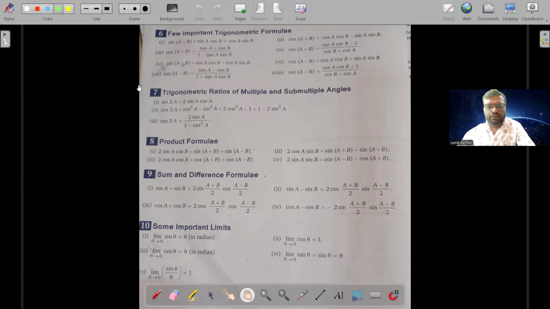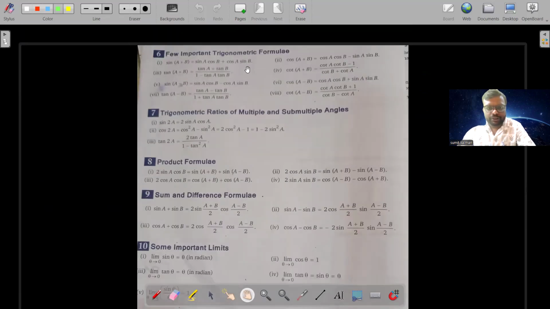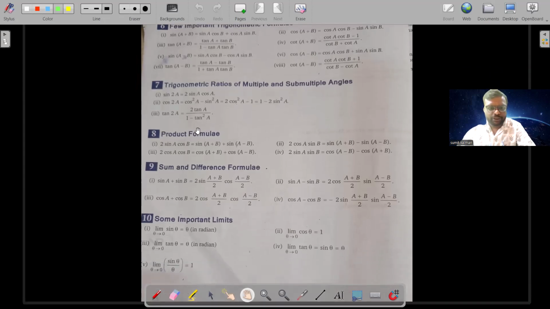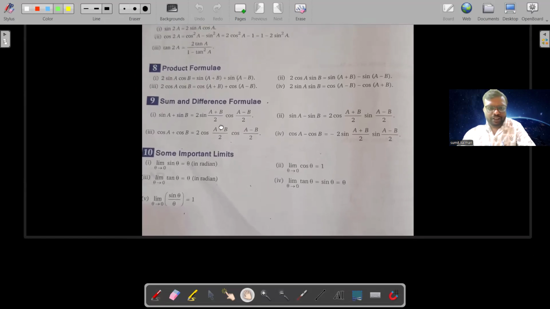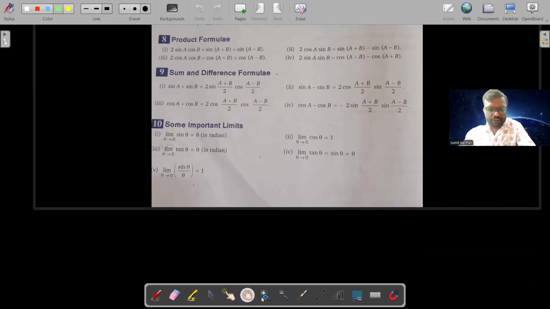This is the important trigonometric formula. This sine A plus B, I've already taught this. Tan A plus B, cot A plus B, different trigonometric formulas. You can just see. And then this is very important.